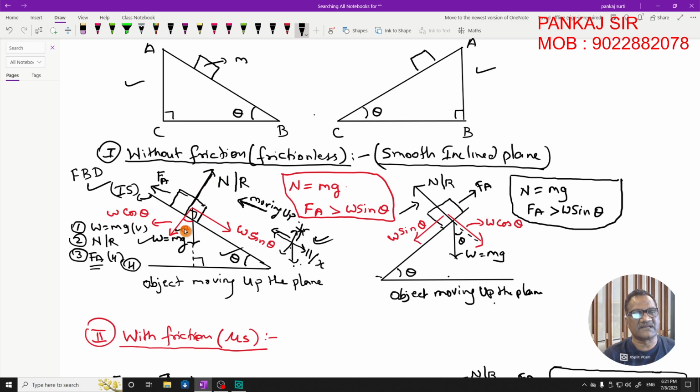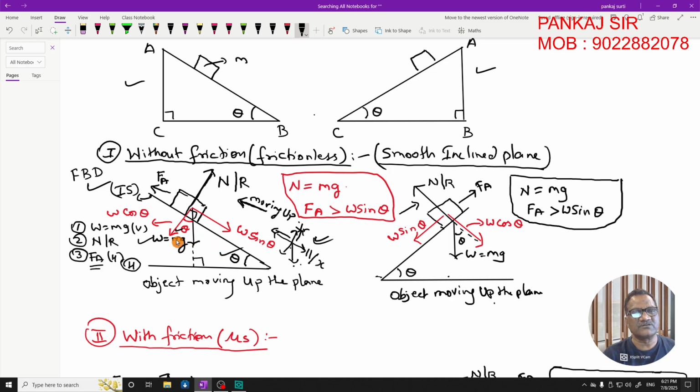This is also theta. Geometrically, you can always prove that the angle of inclination theta of the inclined plane is also equal to the angle between the mg force, and I'm not talking about the component of the mg force, the mg force which is vertically going downwards, and the normal reaction. That angle is also theta.